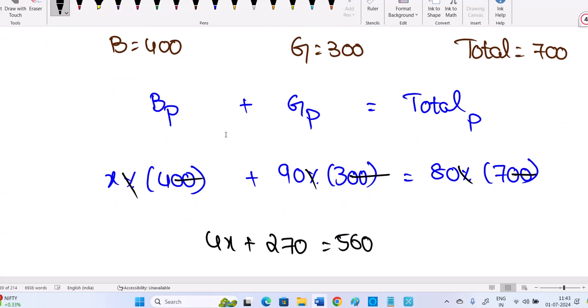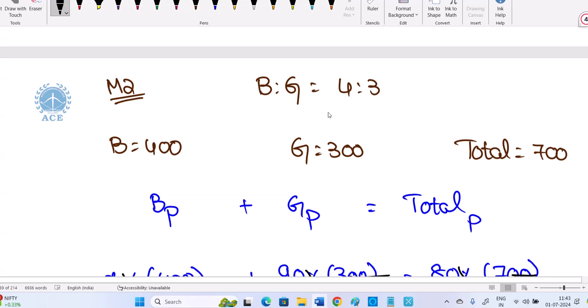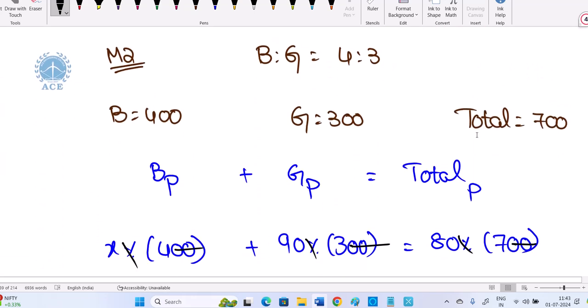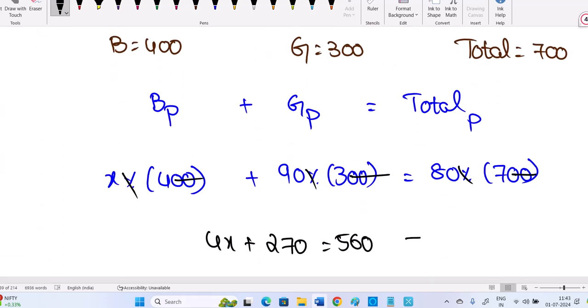You observe, we got the same equation as here. 4x plus 270 equal to 560. X is 290 divided by 4, which is 72.5. Mixed ratio is given.